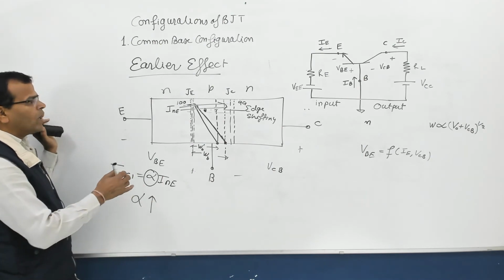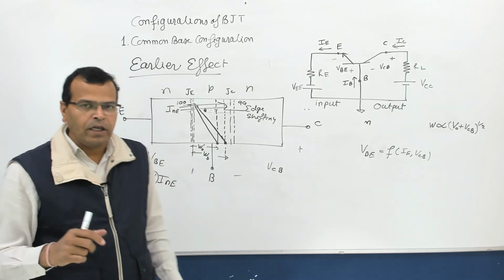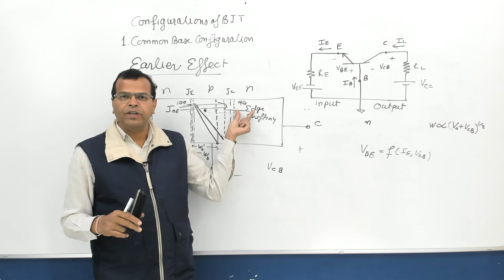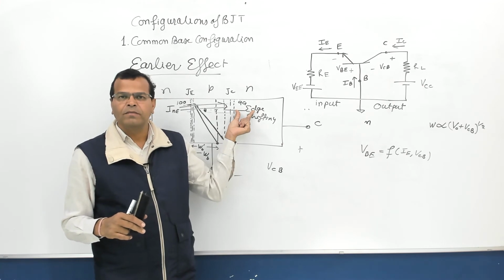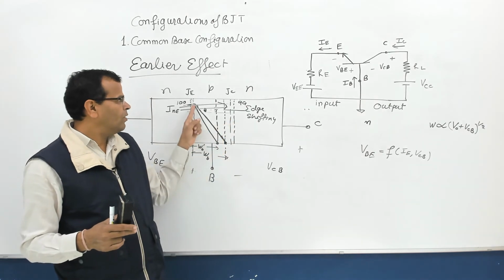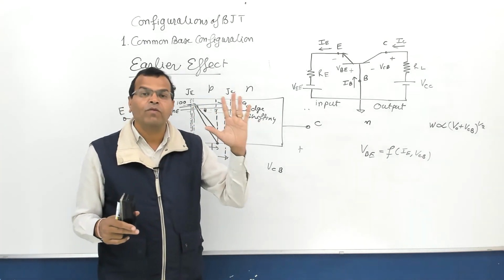Why? Because more and more carriers are reaching this side. So what I mean to say is the collector current is increasing. Why is collector current increasing? Because the gradient is increasing.